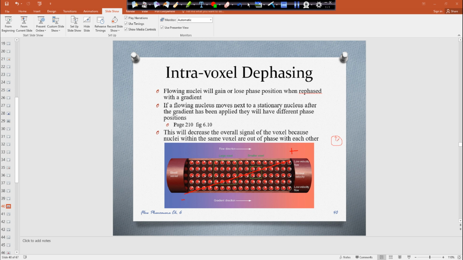Maybe it's only moved to about 2 o'clock. That's stationary. But moving nuclei started at the 12 position, and then due to the gradients causing them to speed up or slow down rapidly, it's now moved to 6 o'clock. So when these vectors are not matching up, this equals a greater decrease in our SNR.